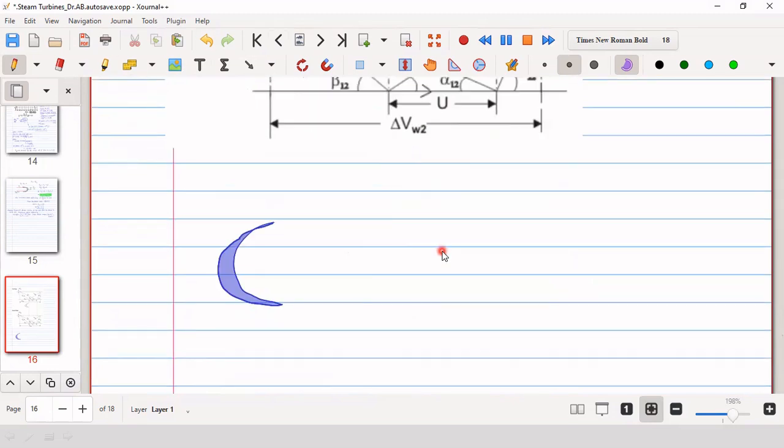Now you can take, say, the blade will rotate in this direction.